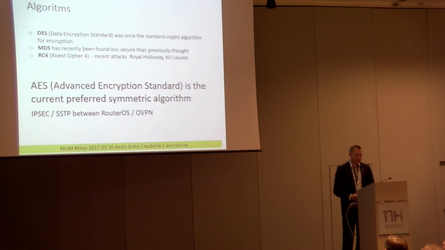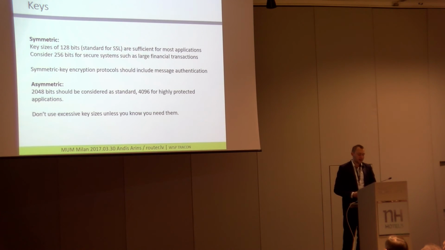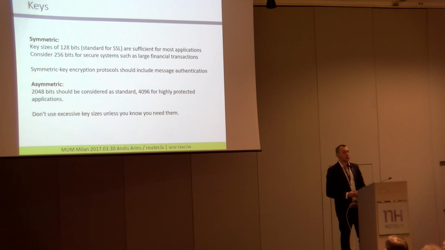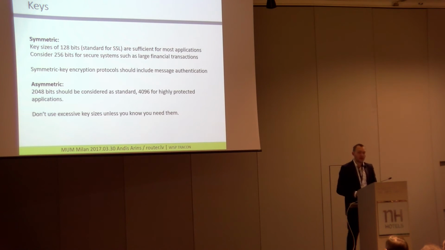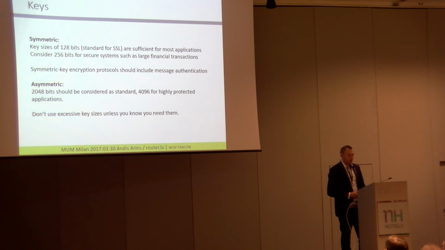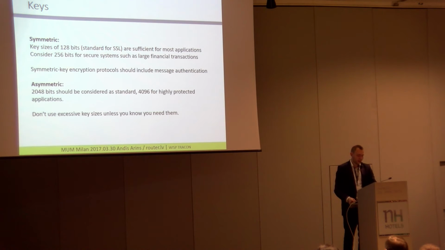Then we can look at the key sizes, and here are two types of keys and encryption. Symmetric, this is what happens on phase 2 in IPsec tunnels, and asymmetric, phase 1. So for symmetric, they require fewer resources, and usually we have smaller keys. So 256 is a very good key for demanding requirements as we have today.